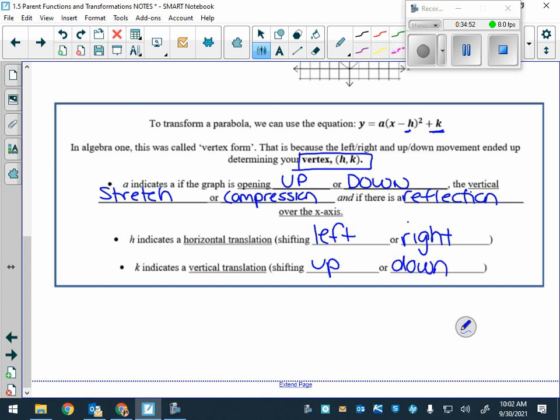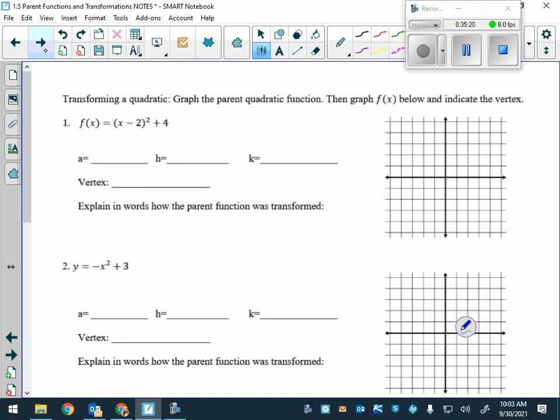You're right, so highlight it. That's a good piece of information. Right here summarizes everything we have on the board. And if you wrote it in the box above, this explains it a little bit more, breaking up the A especially. Okay? So we're going to try some examples, starting with quadratics.